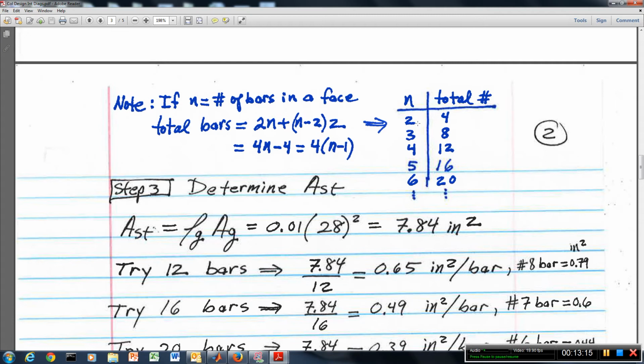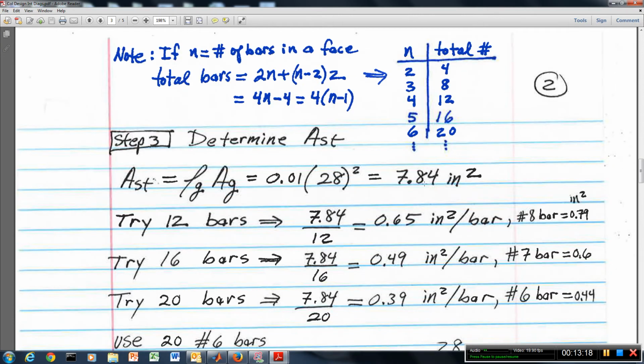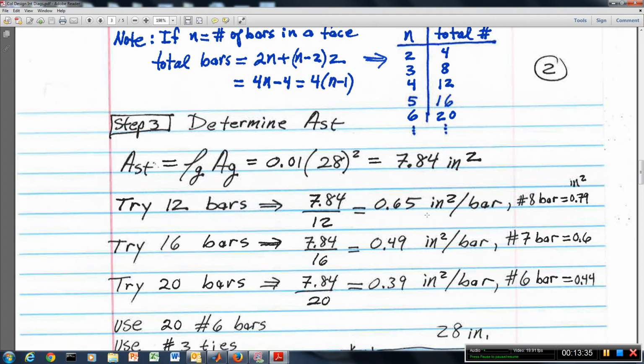With that information in hand, we can consider a variety of cases. For example, we can take this 7.84 inches squared, and we could try 12 bars, 16 bars, and 20 bars, and for each case see how much area per bar is required, and then find some bars that satisfy those.